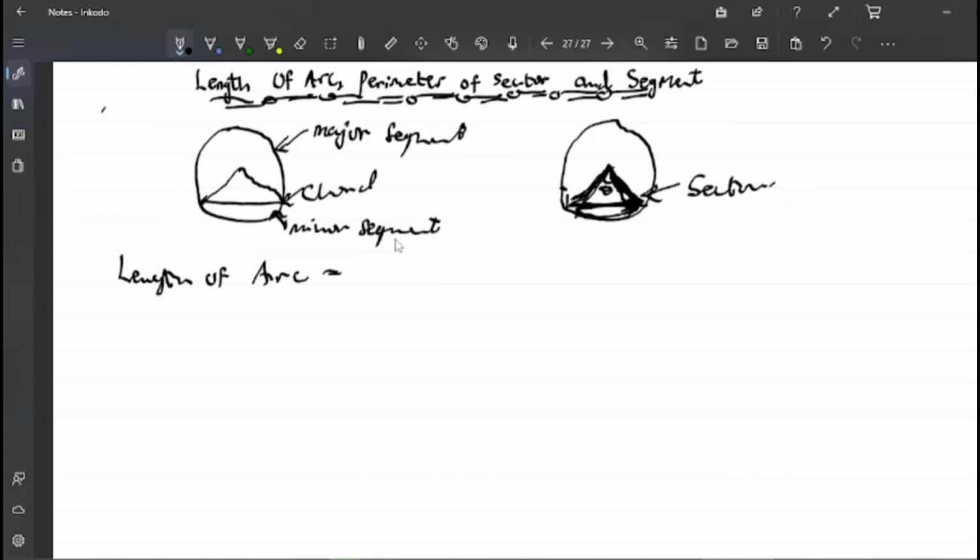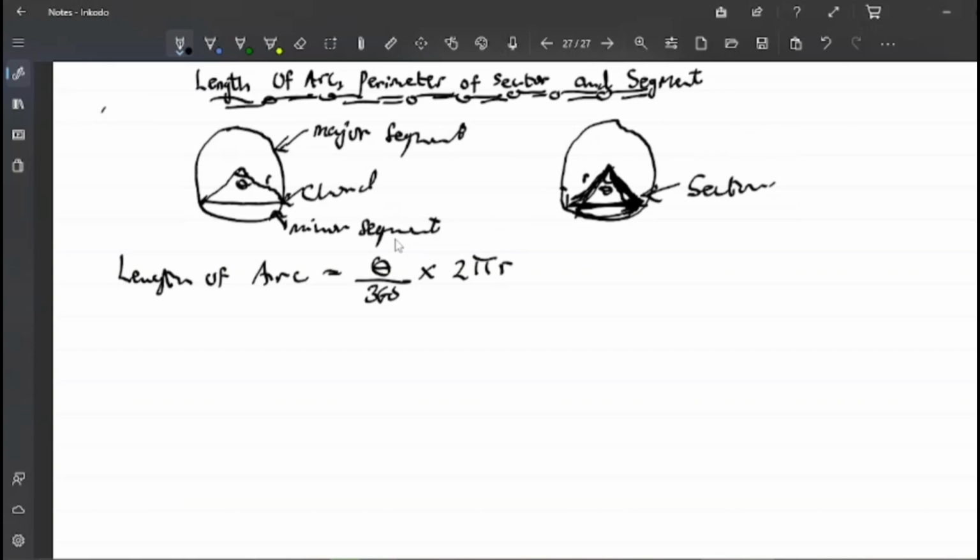Let's say it's theta. So it becomes theta over 360 multiplied by 2 pi r, where r is the radius. And that's the formula for the length of arc.